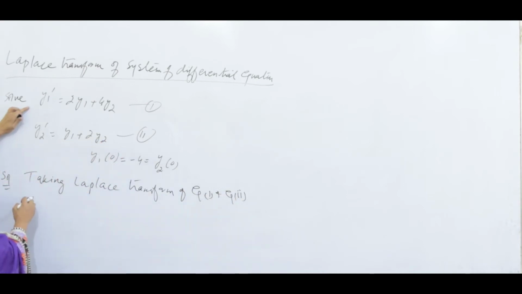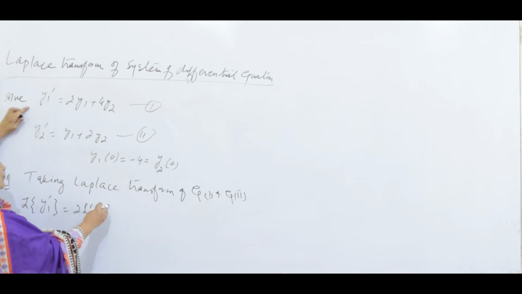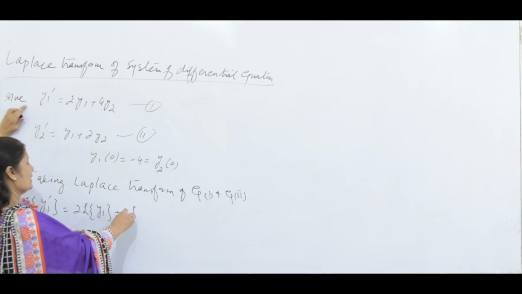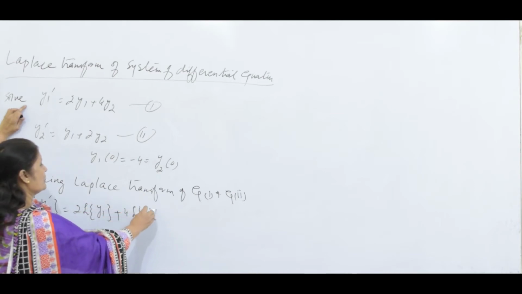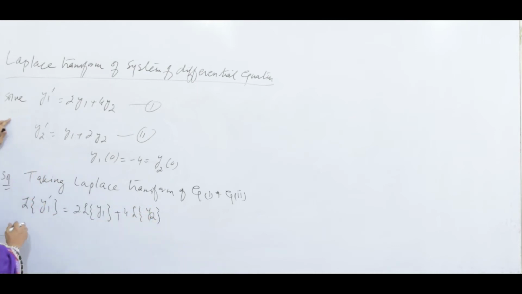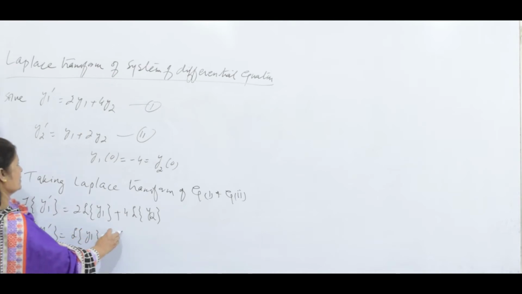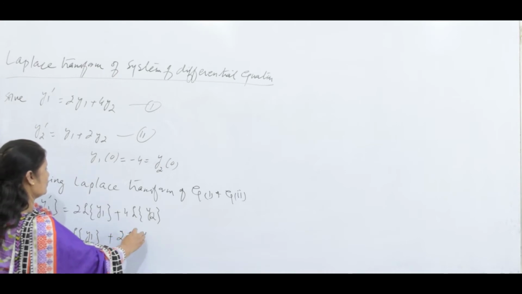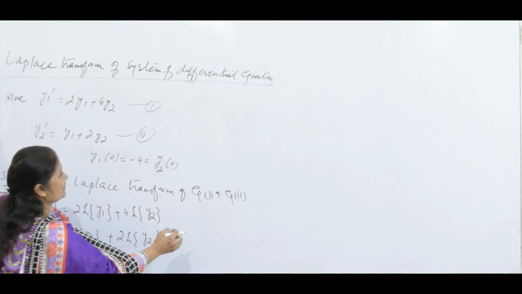So this is Laplace transform of the first derivative is equal to 2 Laplace transform of y1 plus 4 Laplace transform of y2. And the other equation, Laplace transform of y2 prime is equal to Laplace transform of y1 plus 2 times Laplace transform of y2.